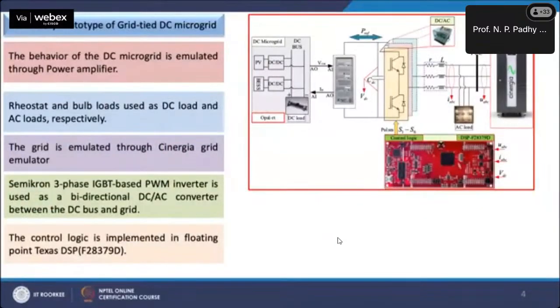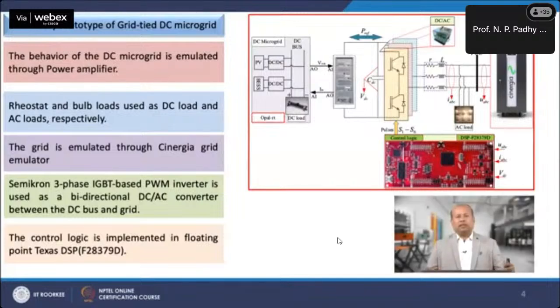Now, if you look at the laboratory prototype of the grid tied DC microgrid, this slide shows the block diagram of the hardware test bed. In this hardware test bed, the DC microgrid behavior is emulated through a power amplifier by configuring it with Opal RT.